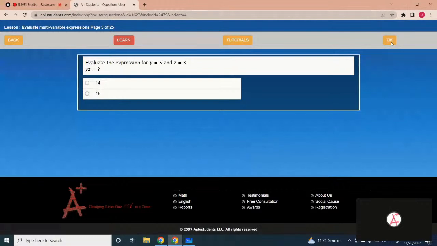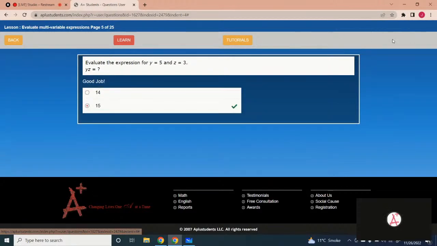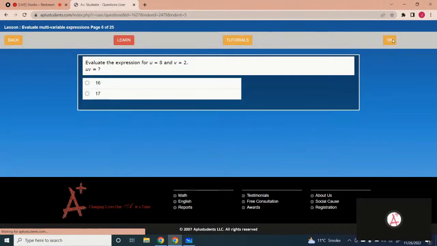It would be yz, 5 times 3 is 15. Got it? Just select the correct option and click on the OK button.